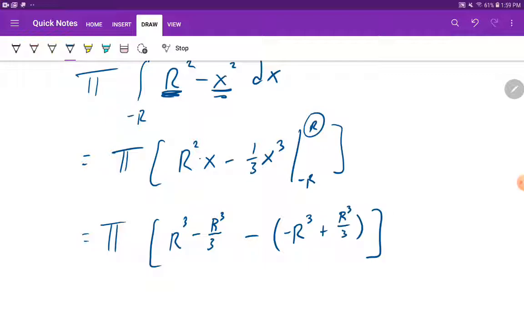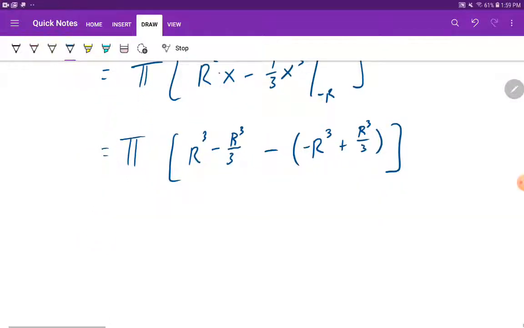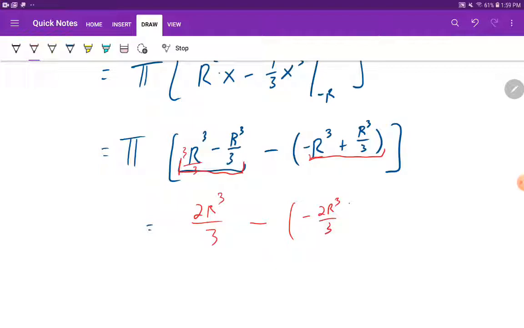It's like the same. And then we just simplify here. This piece right here becomes, what is it? This is 3R cubed over 3. So this is 2R cubed over 3 minus, and then this one is going to look very similar. This is going to be negative 2R cubed over 3. So in actuality we're adding them together.